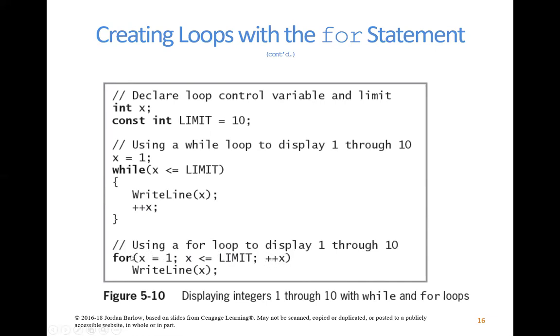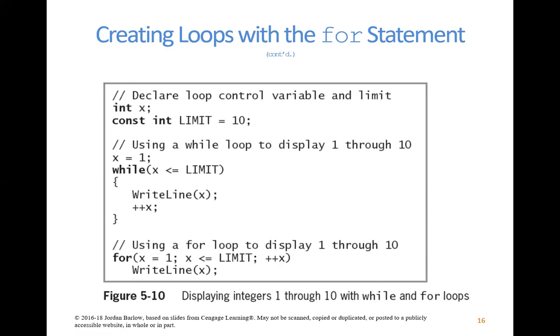So the syntax for a for loop: inside the parentheses, you always have three different elements, and they are separated by semicolons. So you have the control variable initialization, the Boolean expression is always the second thing, and the change that you make to the count variable happens at the end.